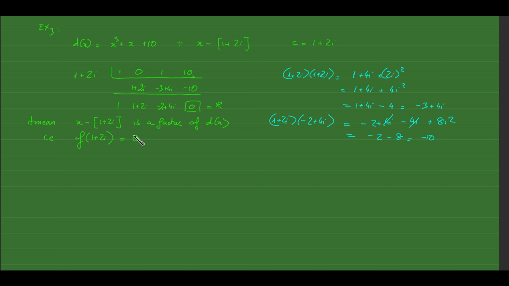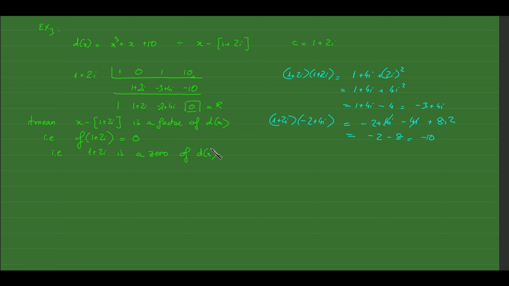It has the same meaning, because the remainder is 0. So we can say that 1 plus 2i is a 0 of d of x. Here you go. So now you do the same thing when you deal with a complex number.